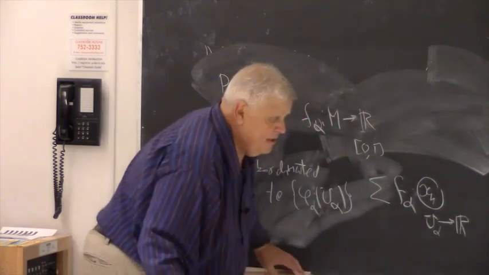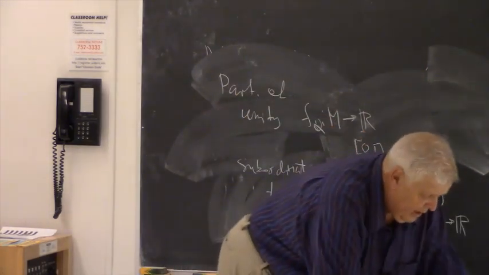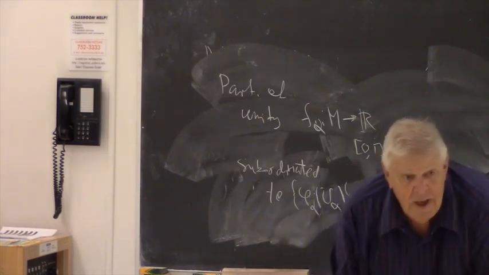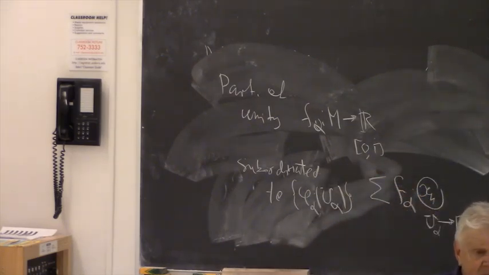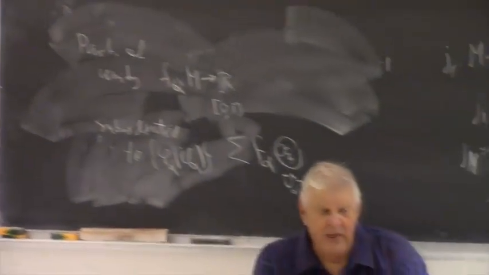And as soon as you do this, I have a function on the whole manifold, because where x_n is not defined as a function on U_α, f_α is equal to 0, so everything is okay.